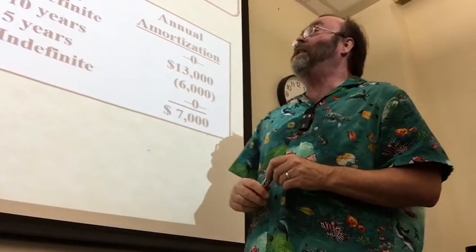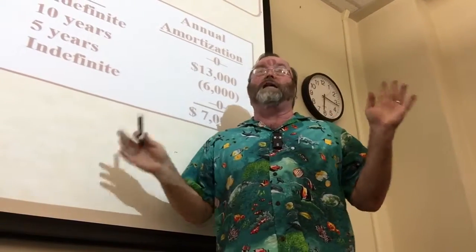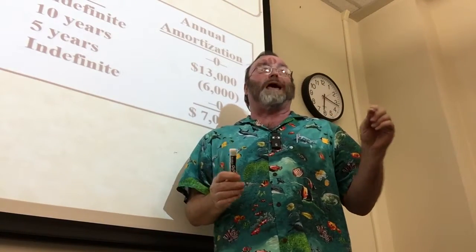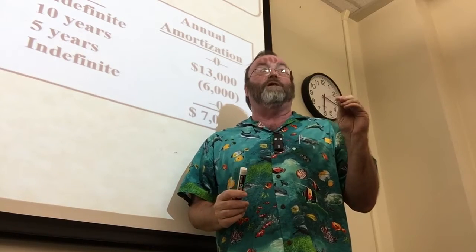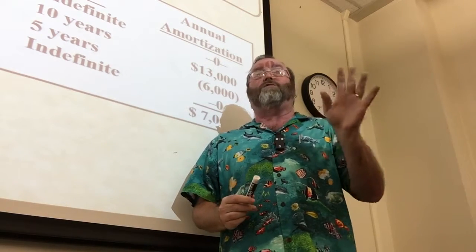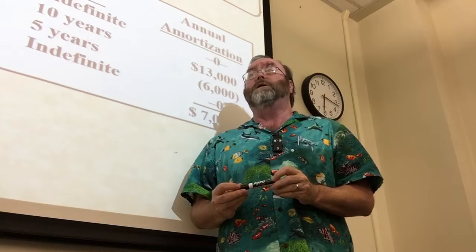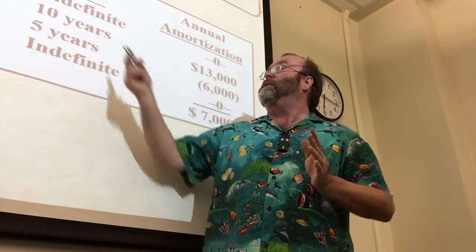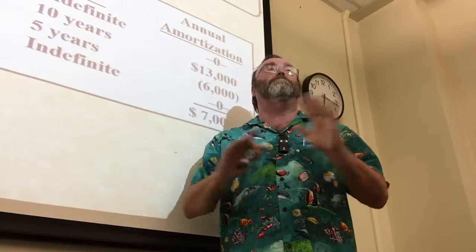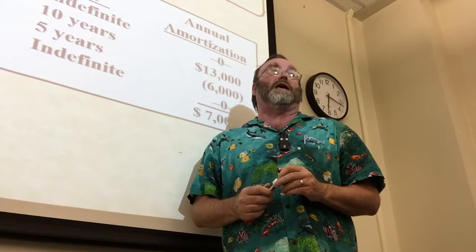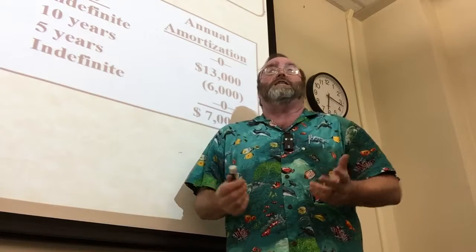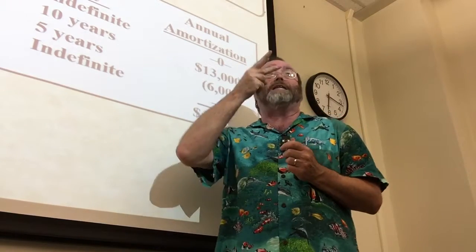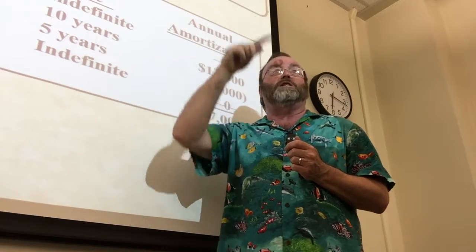The patented technology has a useful life, not a legal life, because remember you amortize patents over their useful life, not their legal life. Don't fall for that mistake on the CPA exam. Think of it logically. If you're only going to use the patent, in this case for 10 more years, it doesn't matter if it's got a 20-year legal life. Because it makes no sense to amortize something under the matching principle between revenues and expenses.